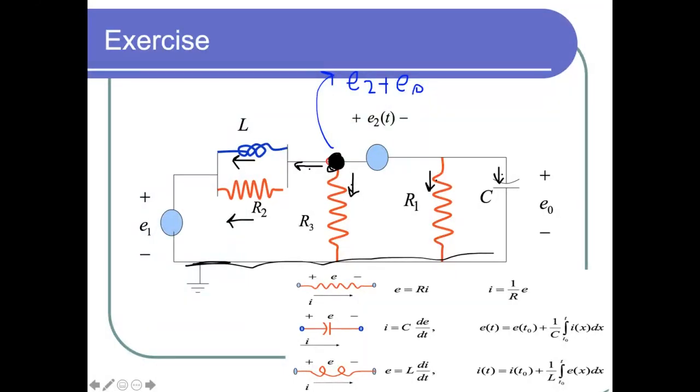Okay. So basically, I'm considering this node. Instead of saying I have one current that goes out of this one, call it I1, I will just skip I1 and directly plug in the current through R1 plus the current through C. So basically we are doing KCL.